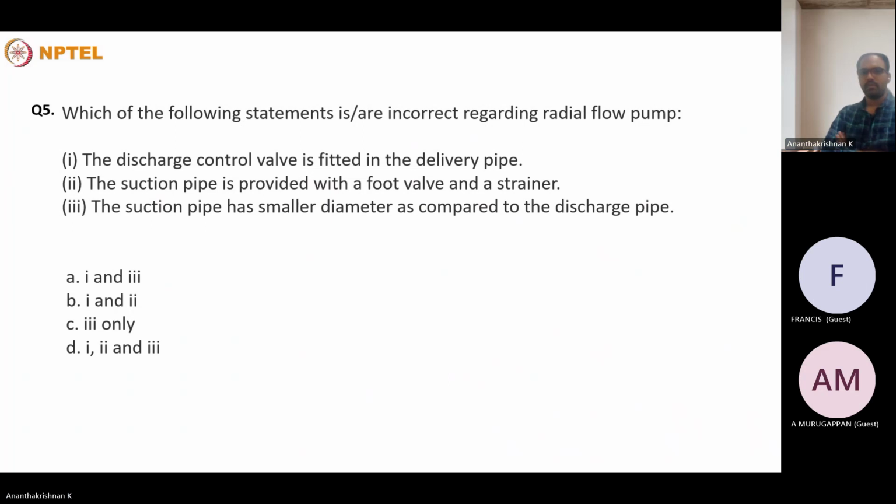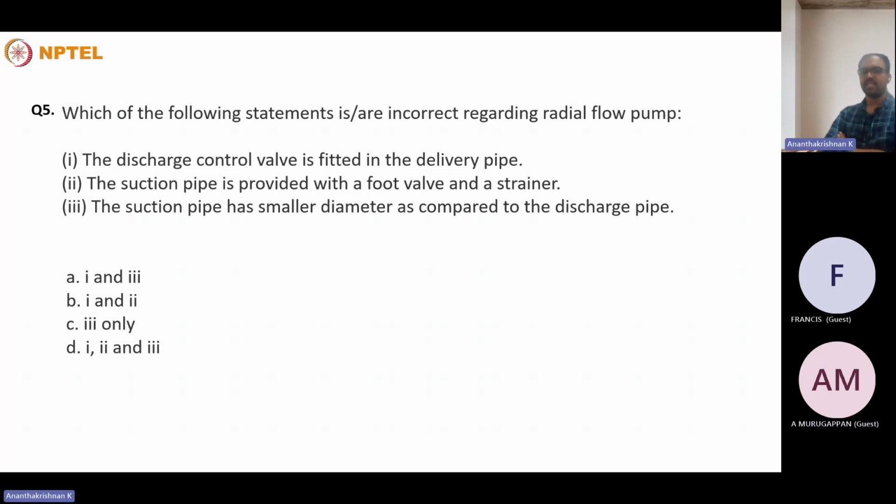Look into the problem. Option B is correct. 1 and 2.